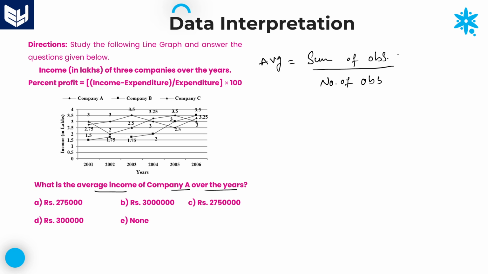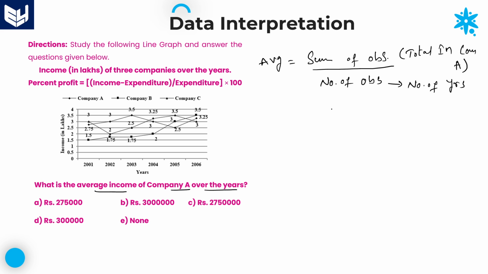Here, sum of observations is nothing but the total income of company A. Whereas number of observations is nothing but the number of years we are taking into consideration. These are the values that we need to take care of for the average.